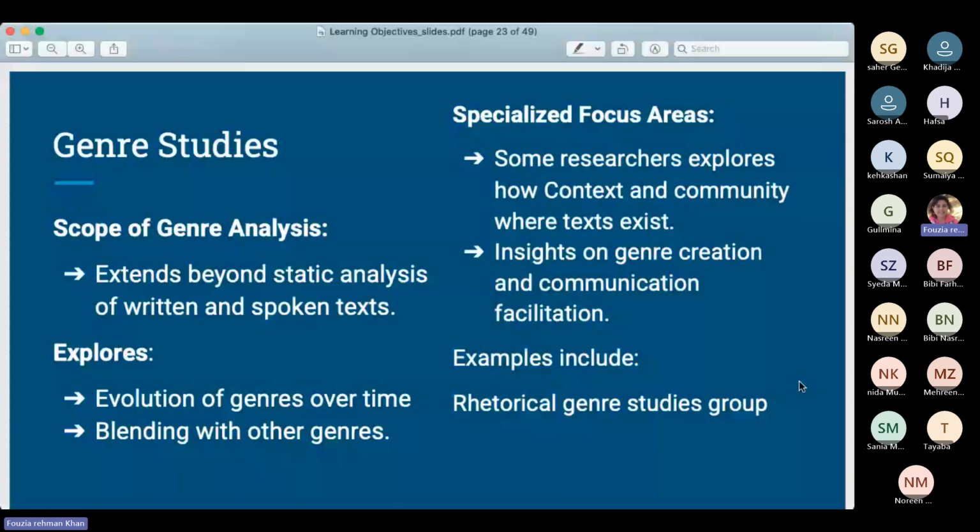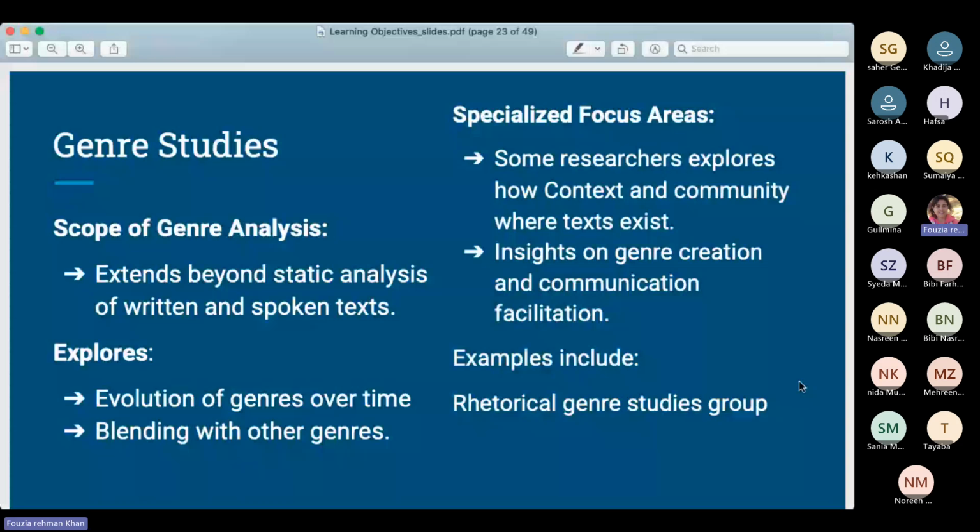And if we talk in terms of quantifying or numbering or statistical analysis, register analysis, if you remember, is about counting, is about numbers, is about frequencies of words that are more prevalent in certain texts than in others. If you remember the previous lectures, what I'm trying to tell you is that genre analysis is beyond static analysis of written and spoken text.